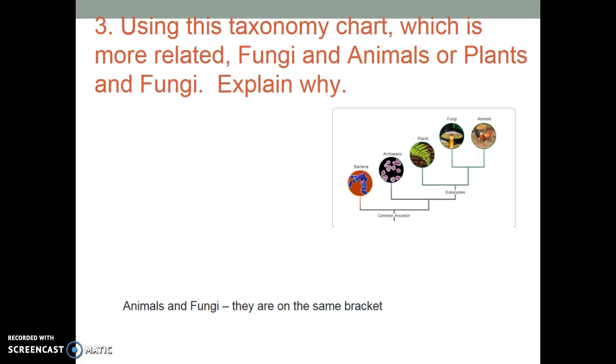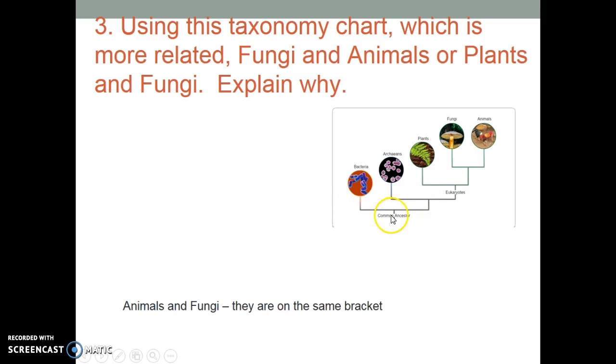Question 3 is using this taxonomy chart, which is more related? This is a phylogenetic tree here. Fungi and animals, or plants and fungi? If we look at this chart, we see our common ancestor down here. Each branch tells us how close in relationship they are.